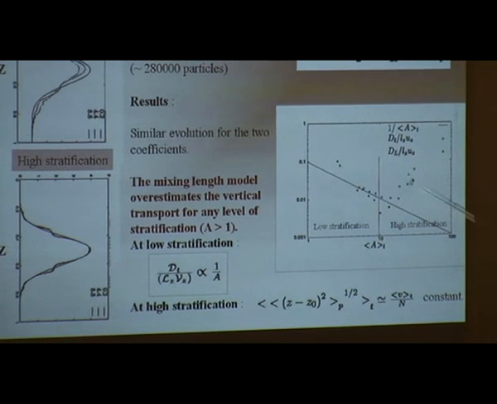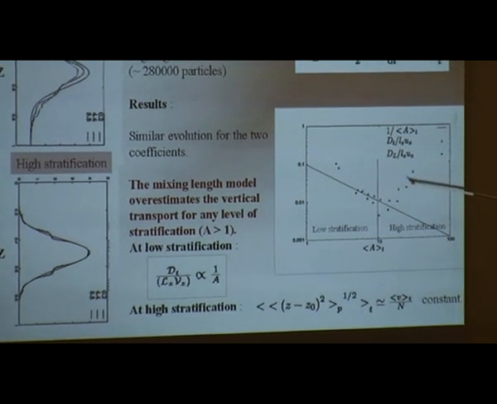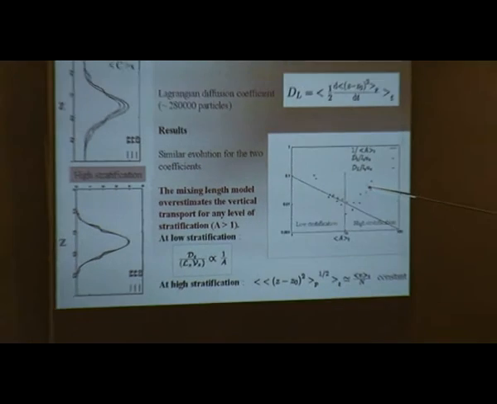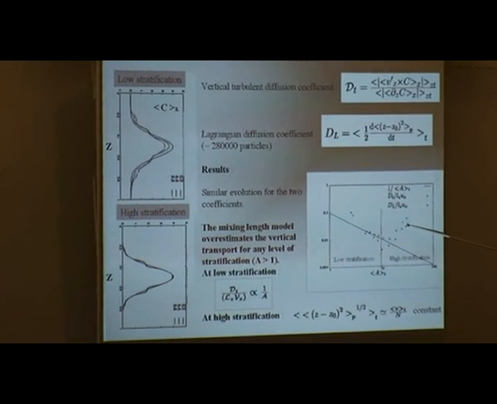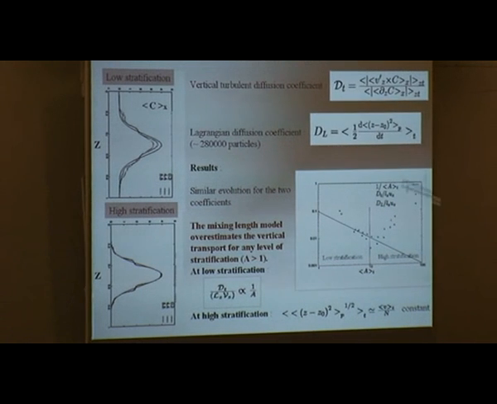There is a stop of vertical diffusion. The difference between the two is that with Lagrangian particles you have just advection of particles, so the difference is linked to the appearance of diffusion from the molecular diffusion process included in this.